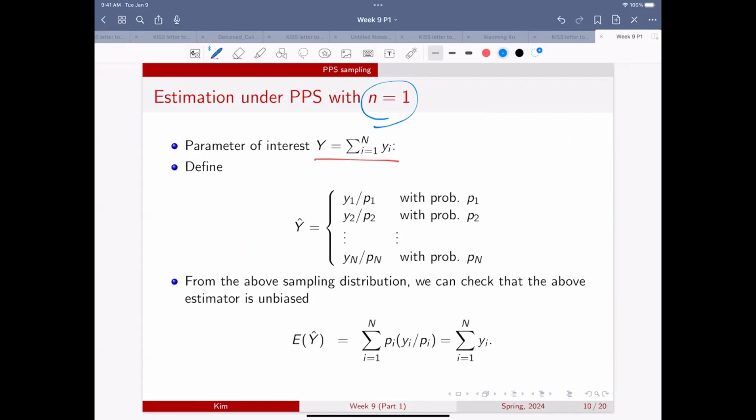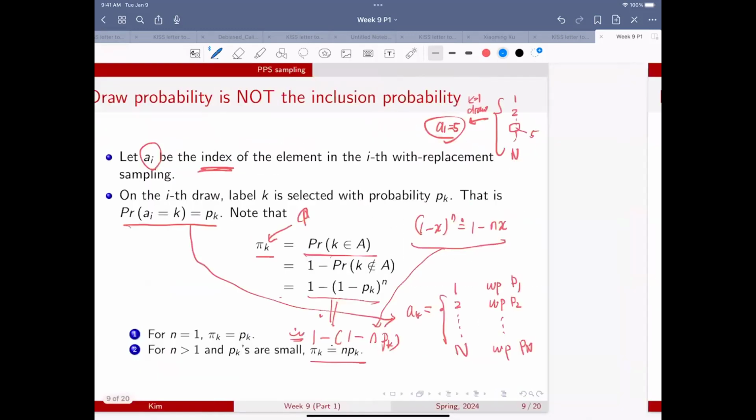And you can see that this is a random variable, right? This is a random variable. So you can write it this way. Another way of writing this way is, no, not really.